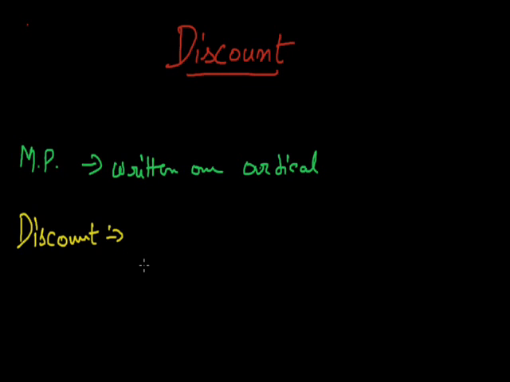That means if the mark price of the article is rupees 100 and he gives you a discount of rupees 5, he will give you the article at rupees 95. So this is the reduction in price which the salesman provides to you. So we can say the rebate which is provided by the salesman is known as the discount.